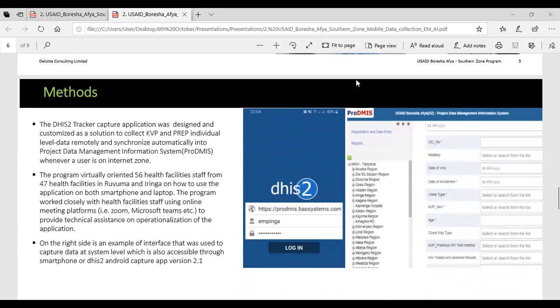So after having the conceptual idea on how to implement our solution, we identified DHIS2 tracker as a better solution, which was also designed and customized to collect KVP and PrEP individual data records remotely, and which is synchronized automatically into our project database.